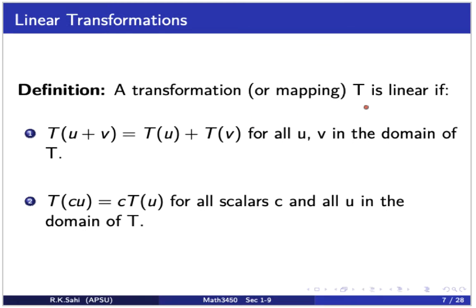A transformation or a mapping is linear if T preserves vector addition. When T acts on u plus v, it equals T(u) plus T(v) for all u and v in the domain of T. And T preserves scalar multiplication, that is T of c times u is c times T(u).